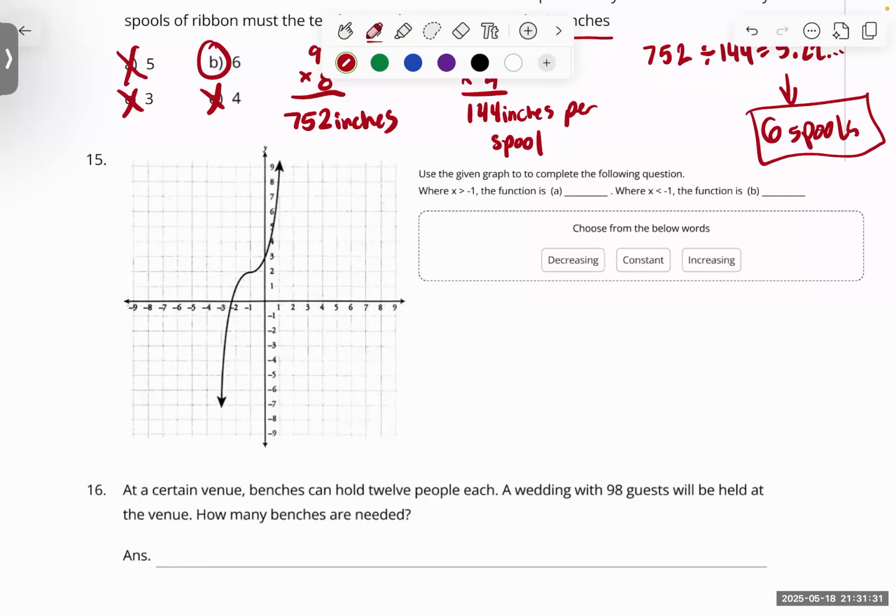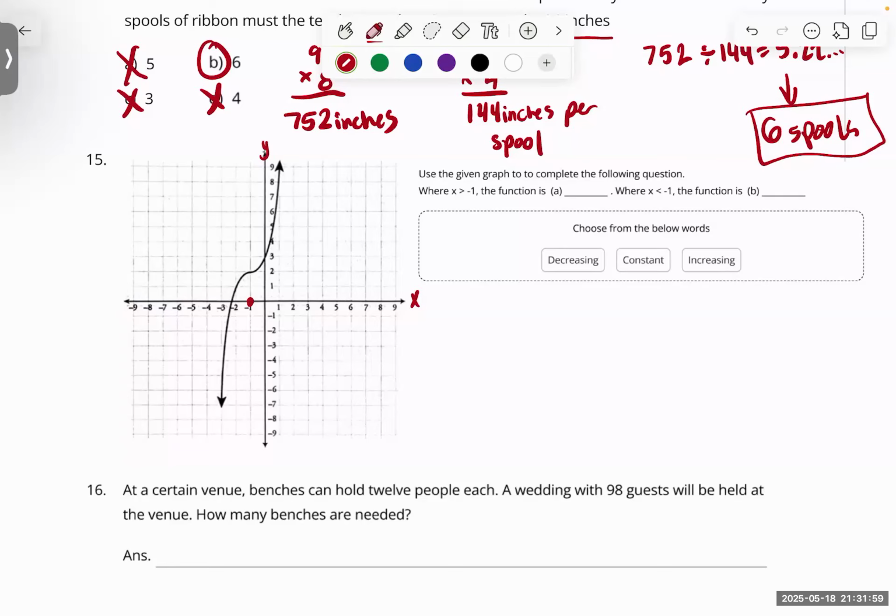Well, on a graph, we're given 2 axes. This axis is the x-axis. This one is the y-axis. It actually says it up there. Now, when it's saying x is greater than -1, it's indicating we're looking at these values here. So I'm going to locate where x is -1. It's right there. And it's saying where x is greater than -1.